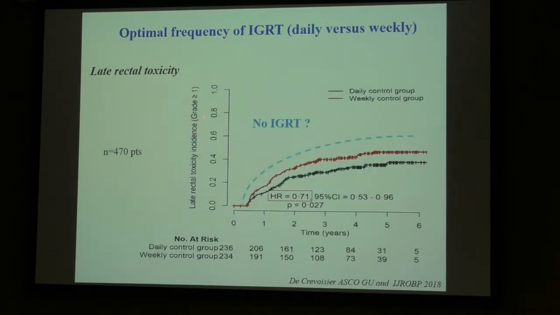Looking at the results of this study, the good news is that by doing a daily control versus a weekly control, the risk of rectal toxicity was significantly decreased by a third. So it means that compared with no use of IGRT, the reduction in the risk of toxicity may be even greater.